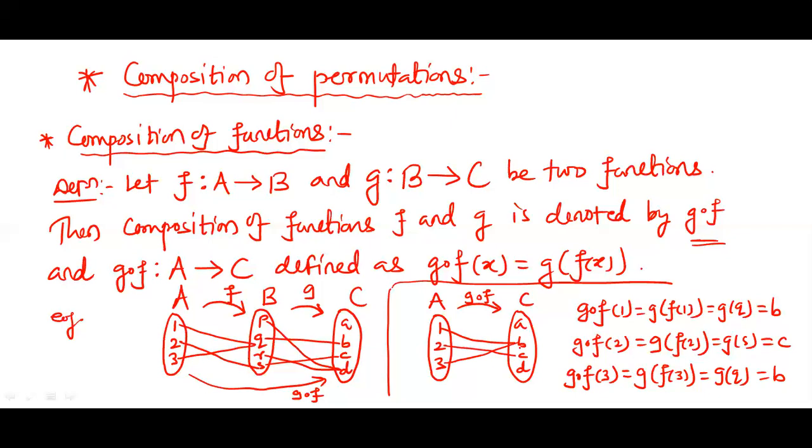And we have seen in earlier video, permutation is nothing but a function, a particular type of function which is one-one and onto. Let's see how to find a composition of two permutations. Let set A be 1 2 3 4.